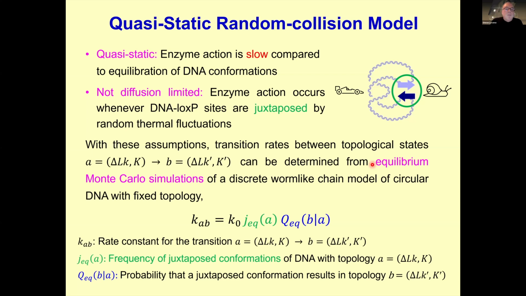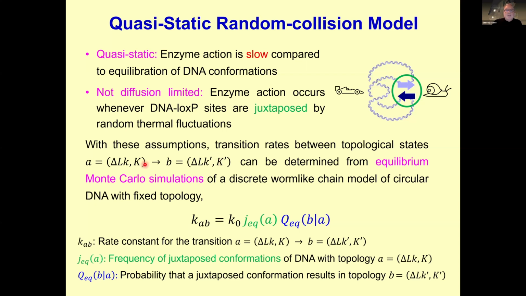So you can think of this as a Markov chain where you have a state A with a given delta LK and a given knot type that gets converted to a state B with a different delta LK and a different knot type.